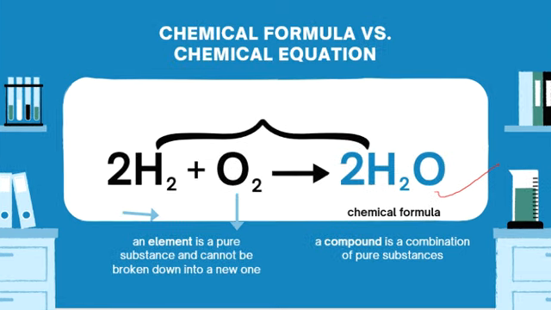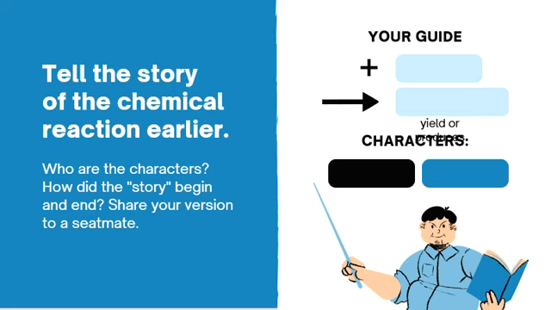Next, tell the story of the chemical reaction from earlier. Who are the characters? How did the story begin and end? Share your version on a sheet. Here you can write it and you can discuss with your friends.